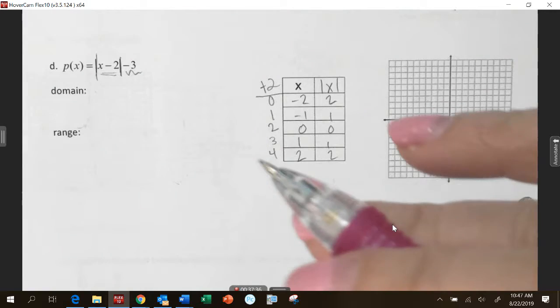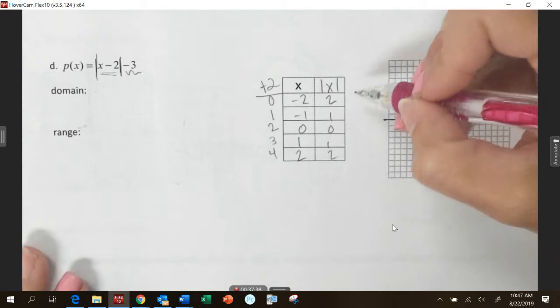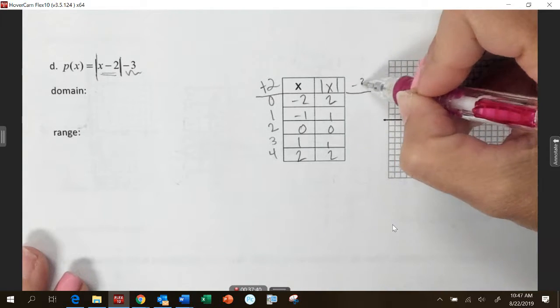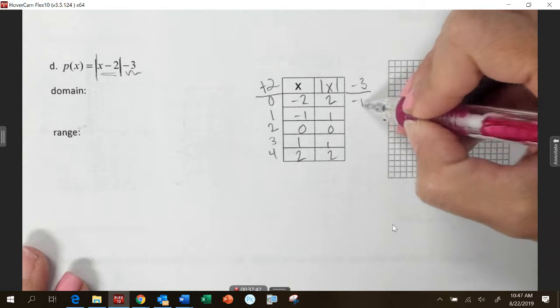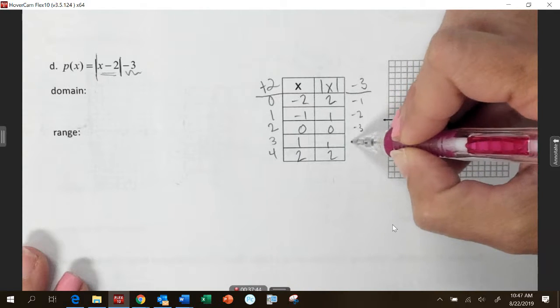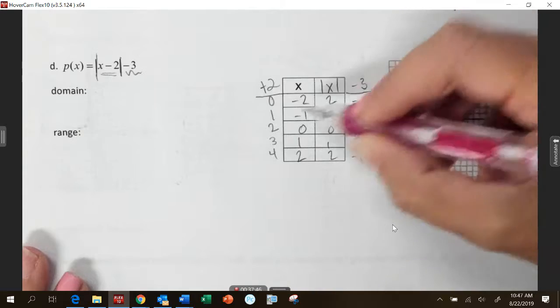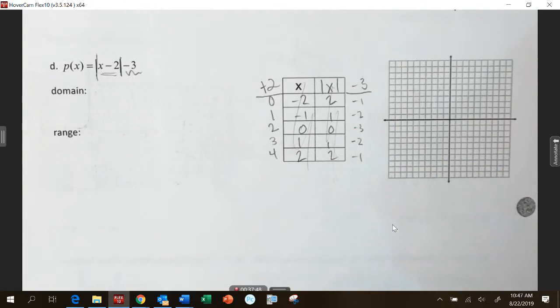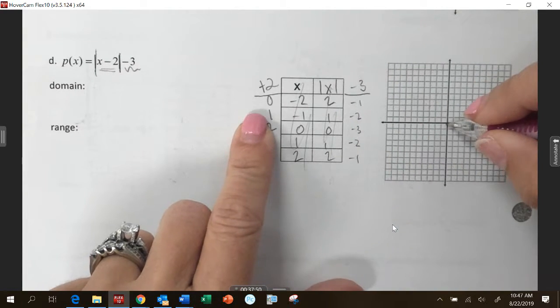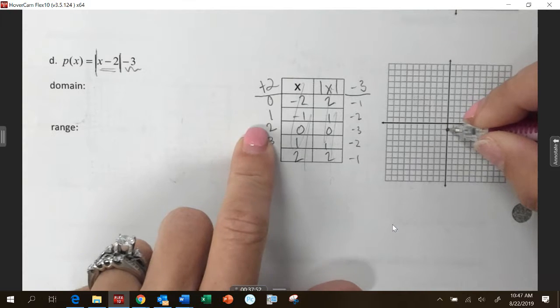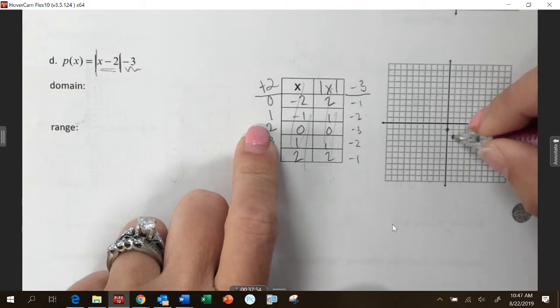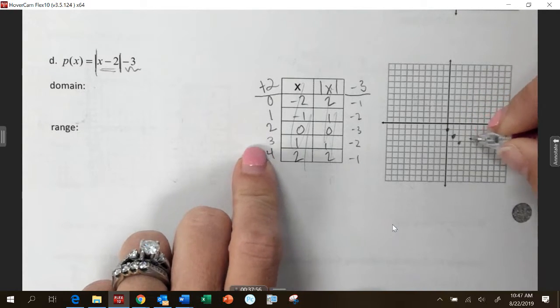That's an outside, that's a vertical transformation. So that goes to the y value. Subtract 3. So 0, negative 1, negative 2, negative 3.